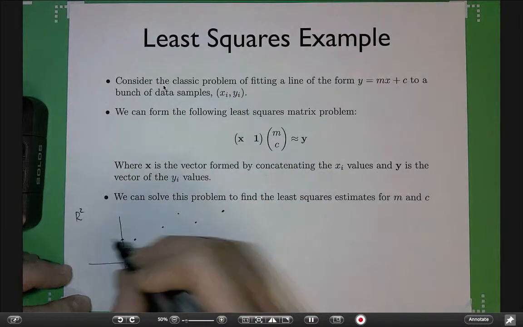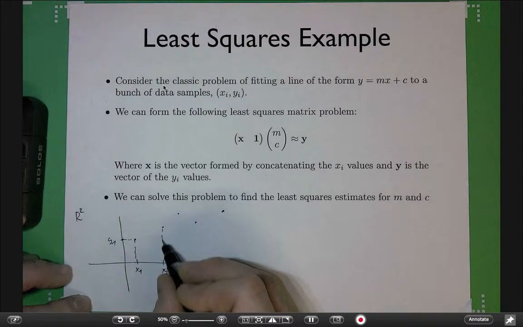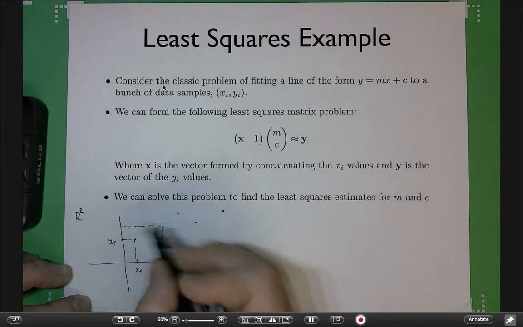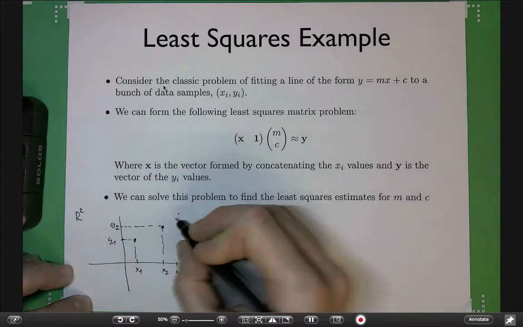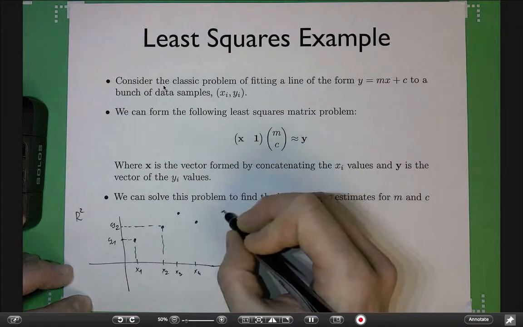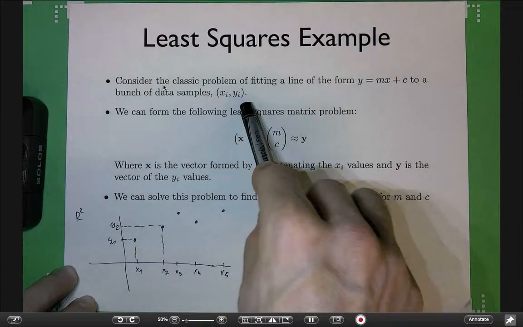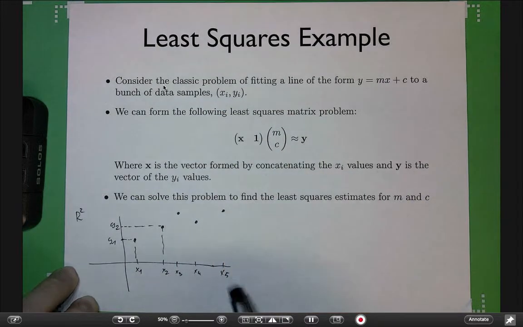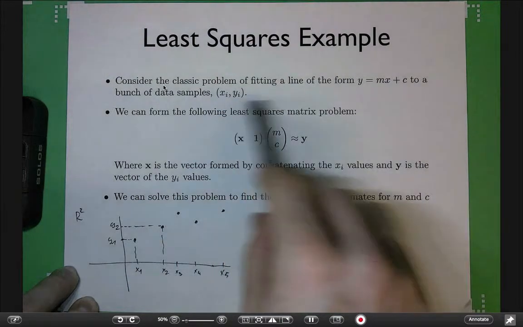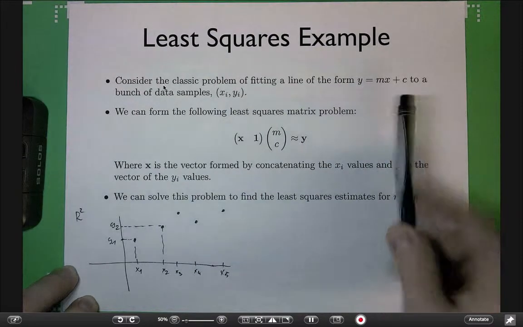So this would be y1, here I would have y2, and so on. Those are my data samples (x_i, y_i). Here I have 5 data samples.